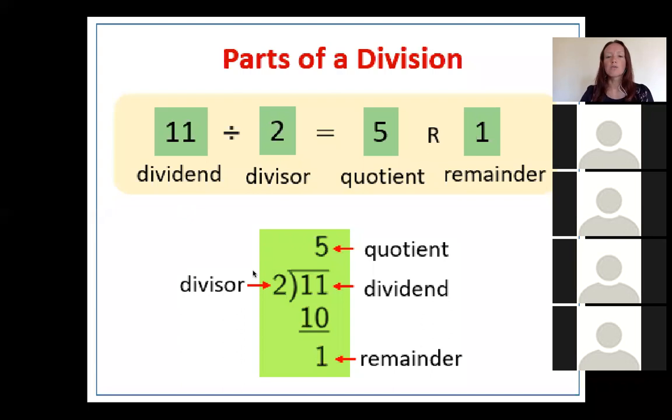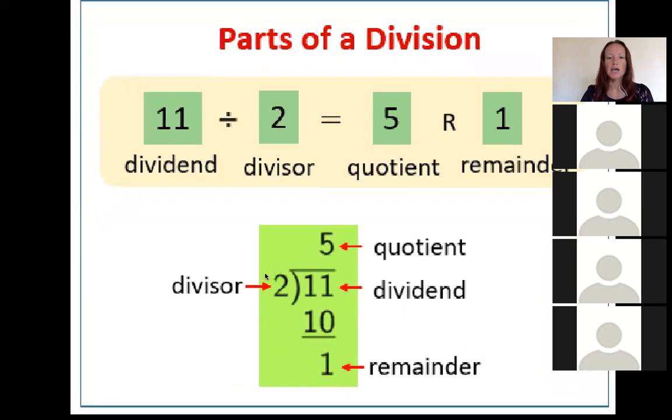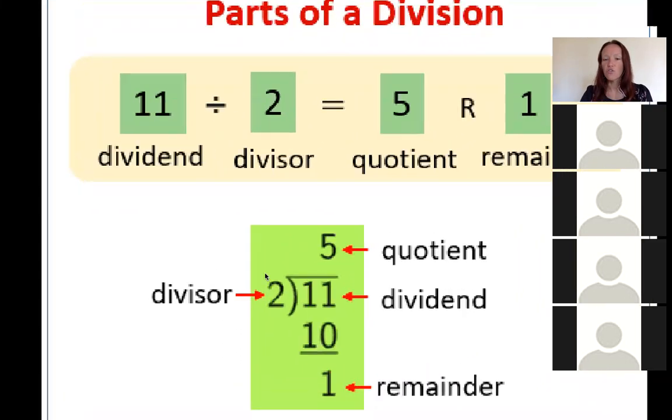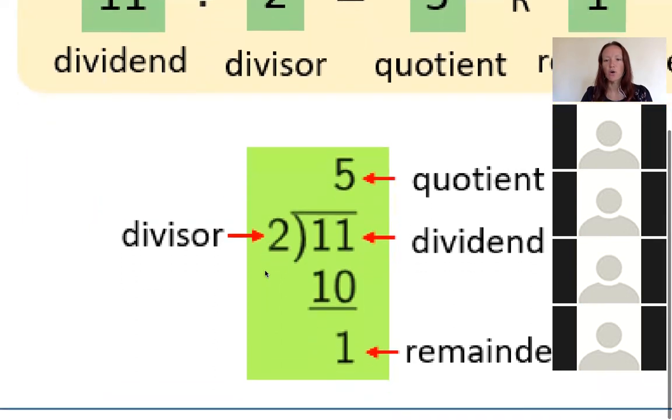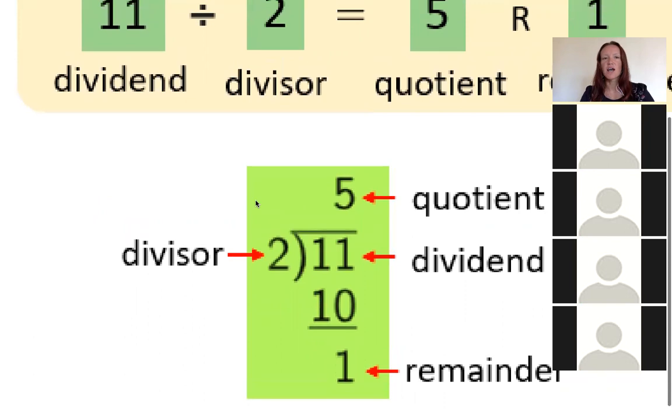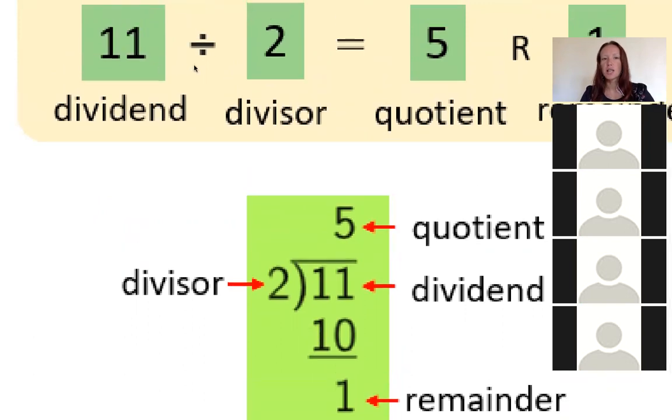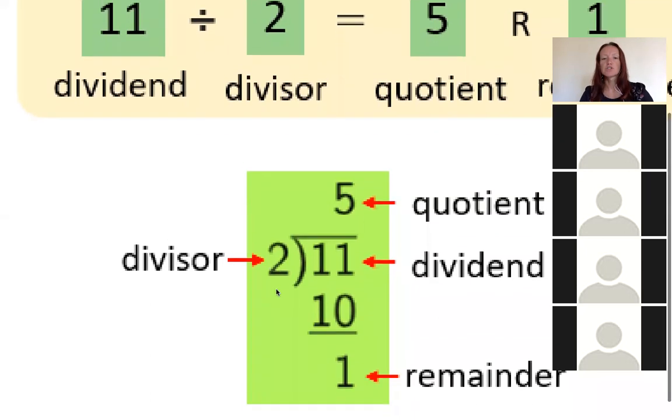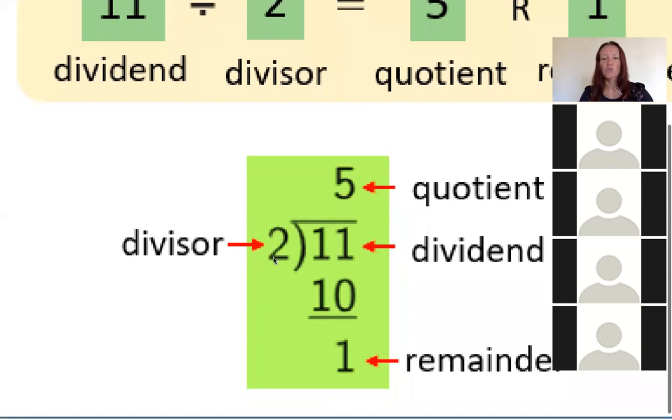And when we write it in vertical form, the divisor, the second number, comes first. If we want to divide 11 by 2, we have to write in vertical form first 2, then 11.